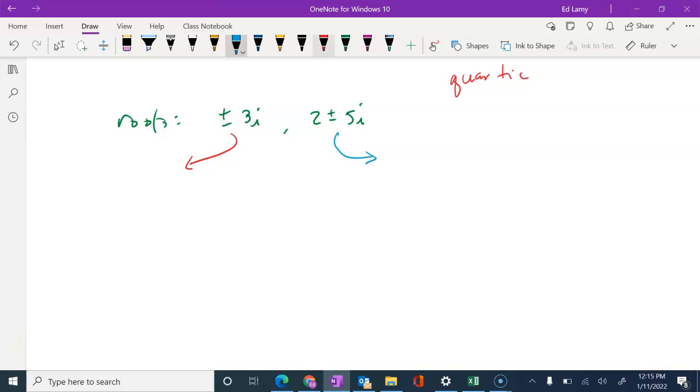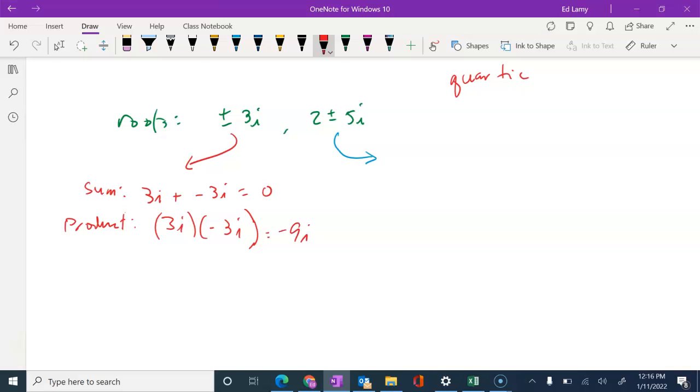So let's do that. First one, find the sum of 3i plus negative 3i. The sum is 0. The product is 3i times negative 3i. That would be negative 9i squared.